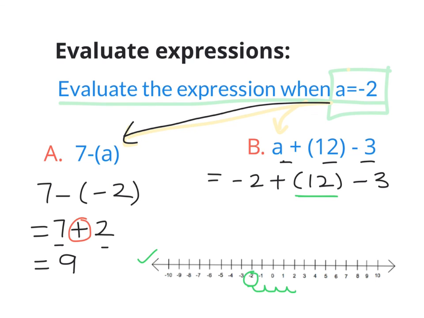So from minus 2 on the left, I move 12 steps to the right. If you check your number line, you'll get 10. Now I have 10 minus 3. Again using my number line, I have 10 on the right side of 0, and to add a negative integer, I have to move to the left. So from 10, if I move 3 steps back, I'll get 7. So my answer for the question is 7.